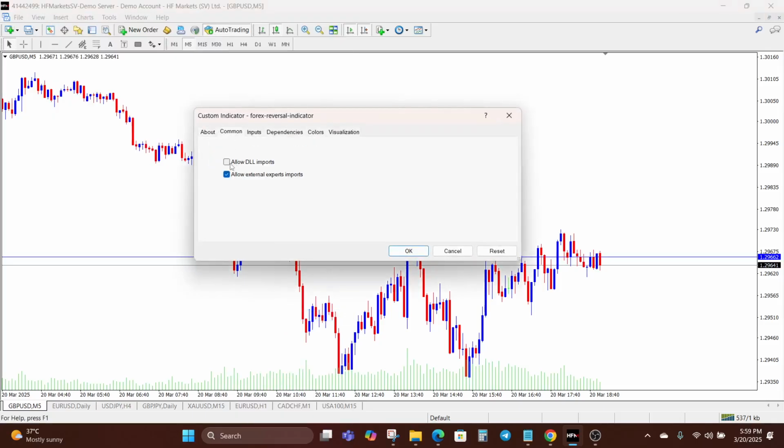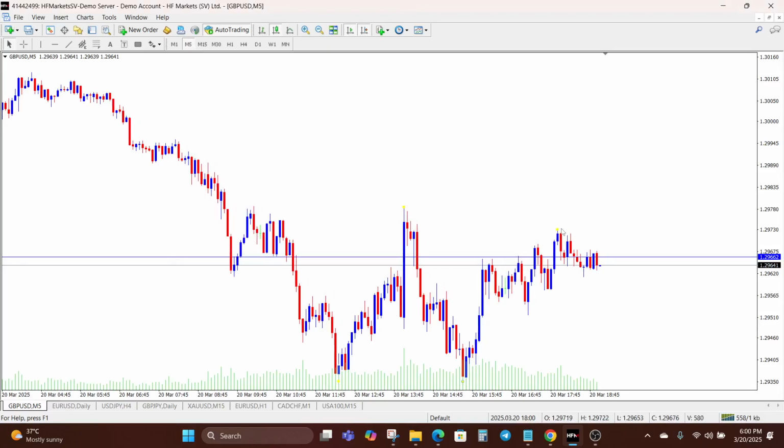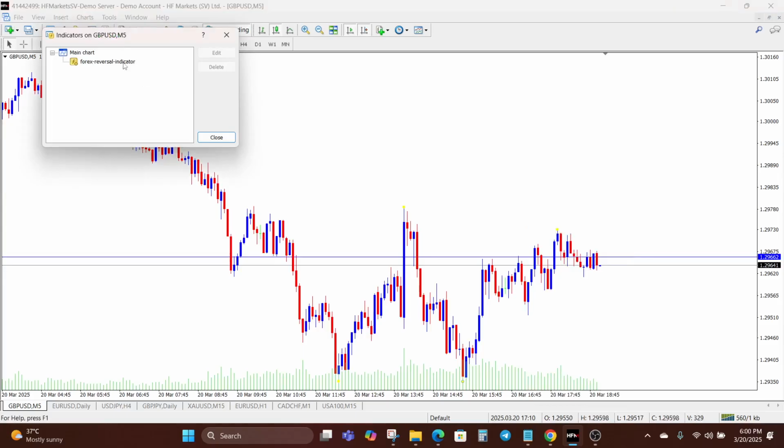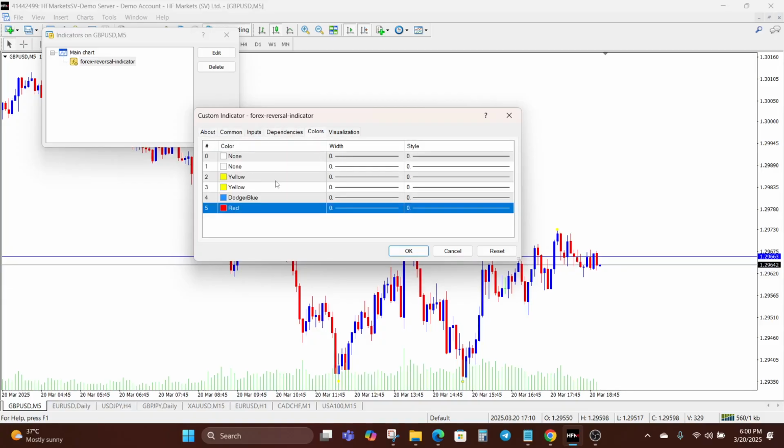The Forex Reversal Indicator for MT4. Now, I think I have to change the color of this thing so that it can be more visible.